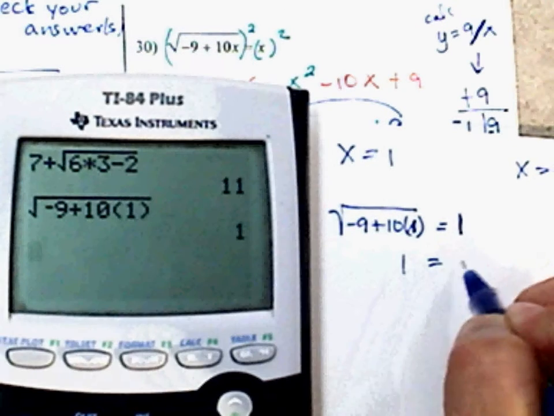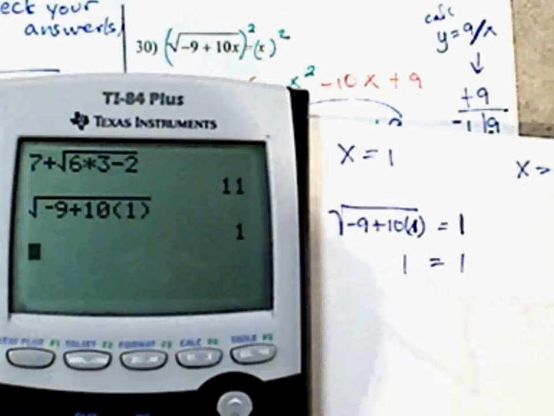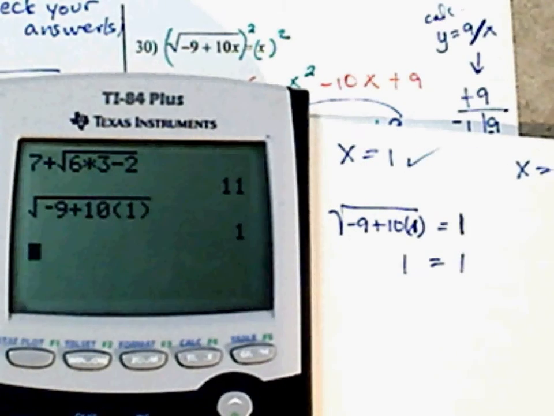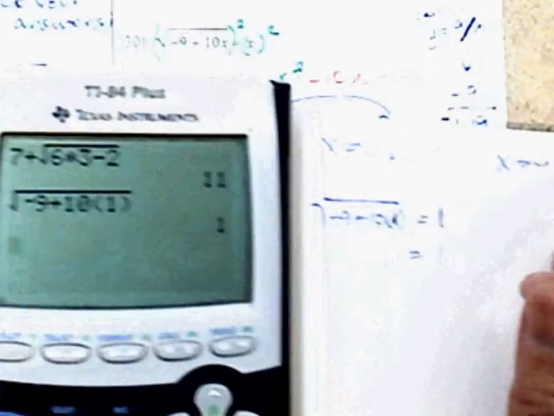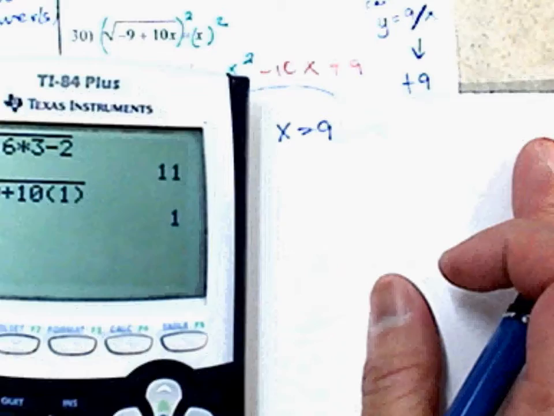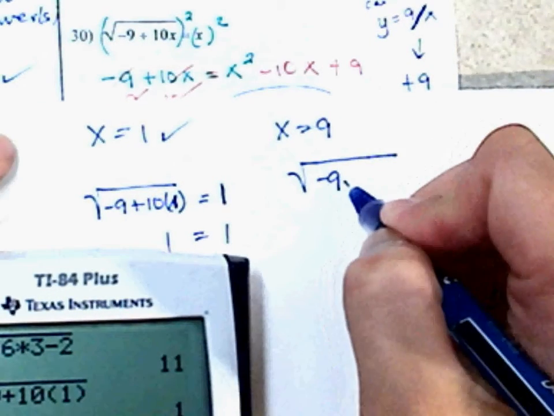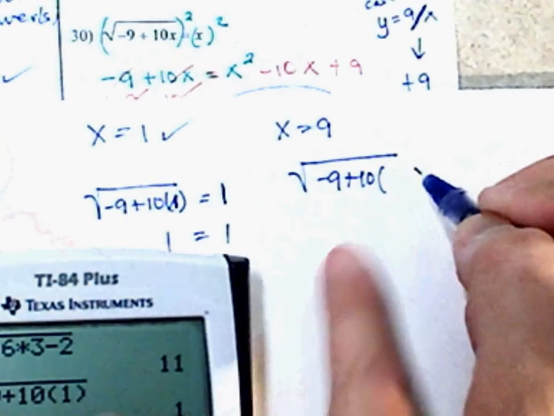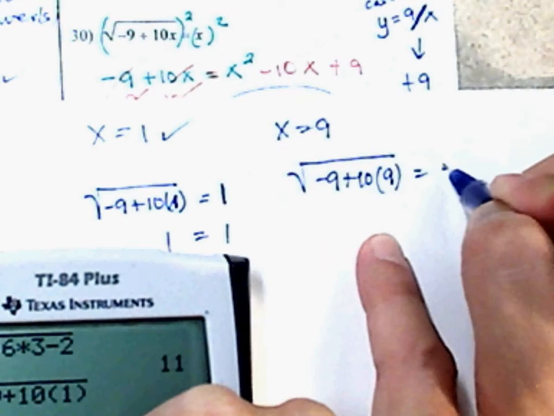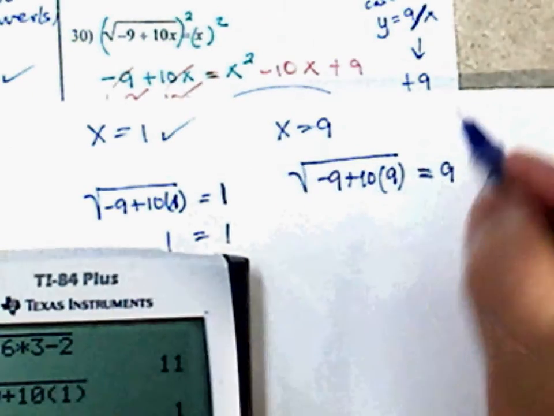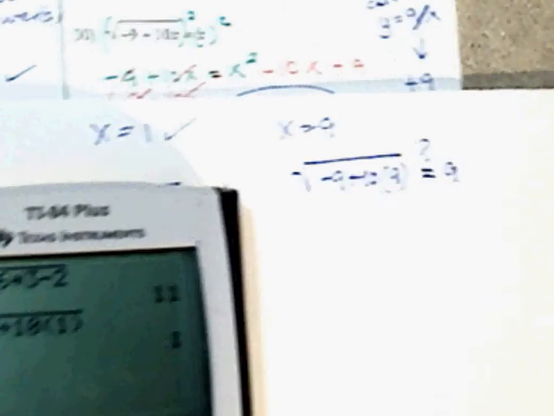So is 1 equal to 1? So there's an answer, okay? Check it with your other one as well. This time it's a 9. So what do you have? Square root of negative 9 plus 10 times 9, is equal to your x, which is 9. Let's see if they are true. Type that into your calculator.